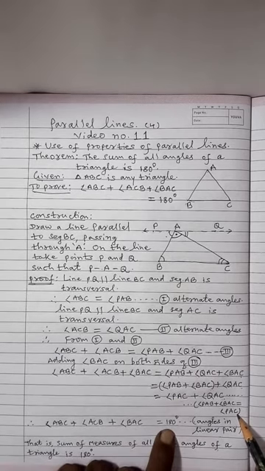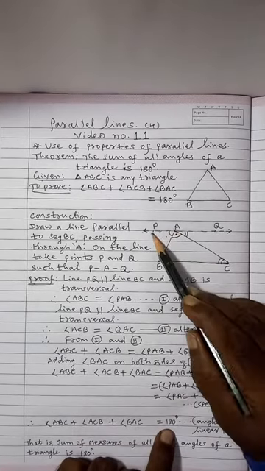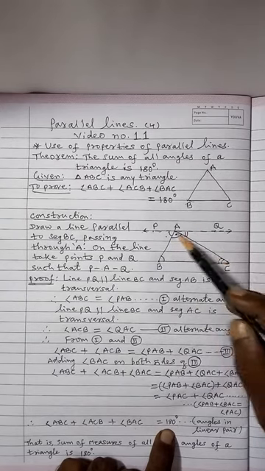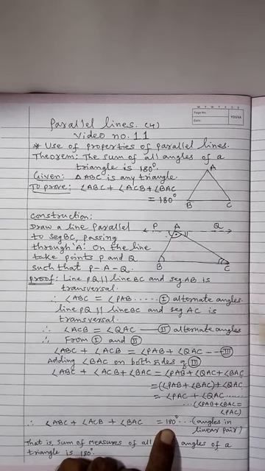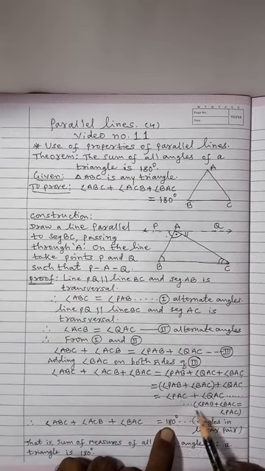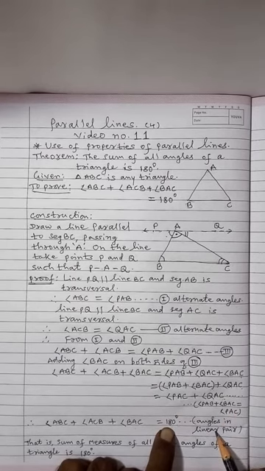Now see here, angle PAC, this big angle, plus QAC, this angle, is equal to 180 degrees, as angle PAC and angle QAC form a linear pair.